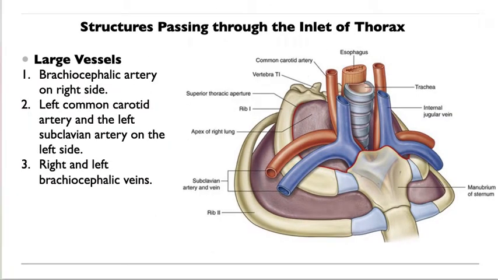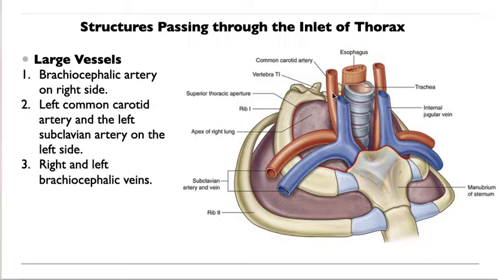These were the viscera. Coming to the large vessels, we have the brachiocephalic artery on the right side, right? This is the brachiocephalic artery. Then we have the left common carotid.